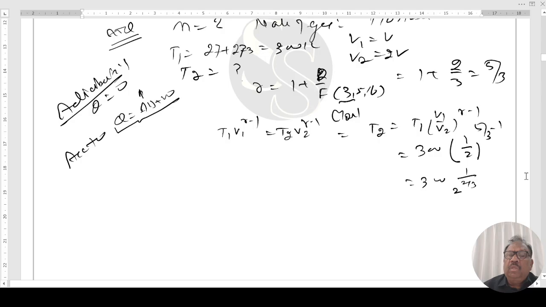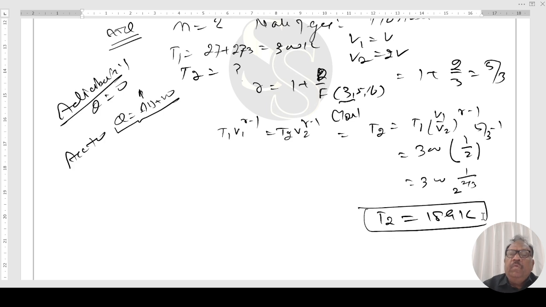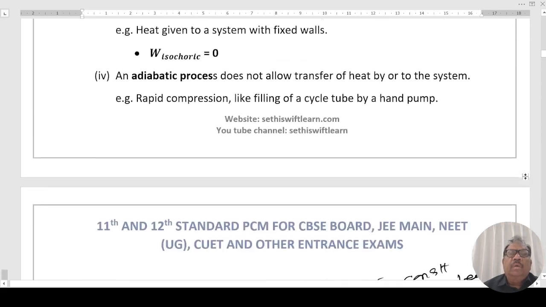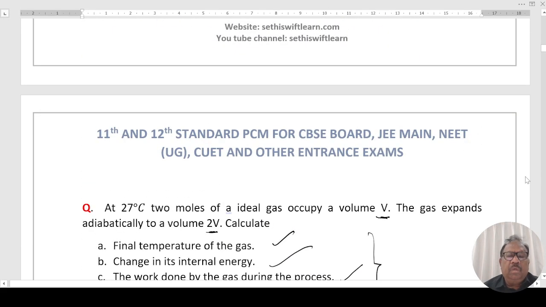On simplification, this comes out to be 189 Kelvin. This is the A part answer.